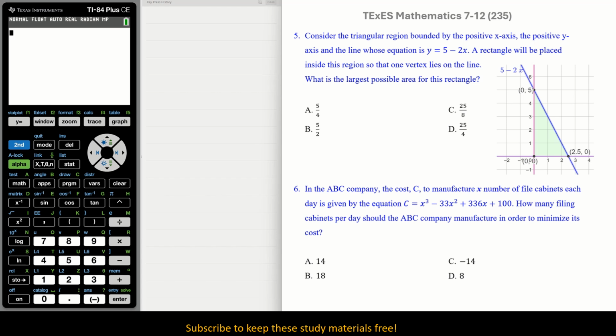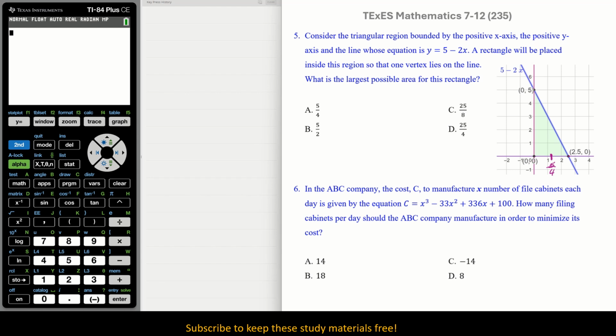So the region, the distance from 0 along the x-axis is 2.5, and that midpoint will be 5/4 or 1 1/4.